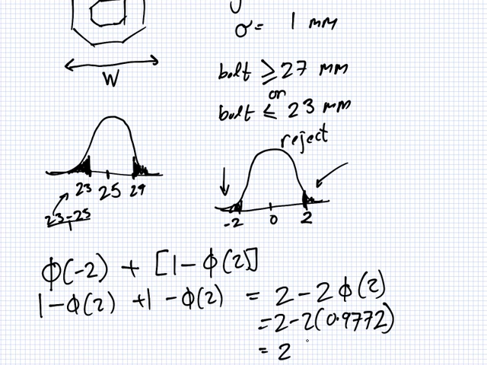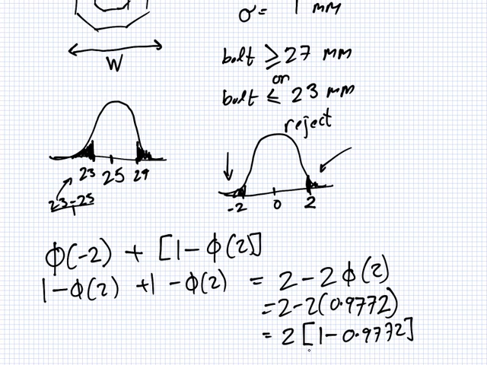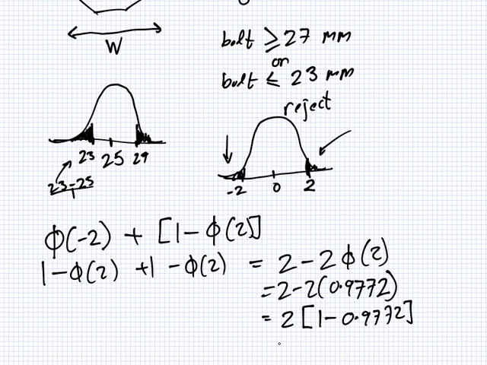It's 2. No, actually, this is 2 times 1 minus 0.97. 1.9544, when you multiply 2 by 0.977. Oh yeah, but give me the final answer here. Type this in.